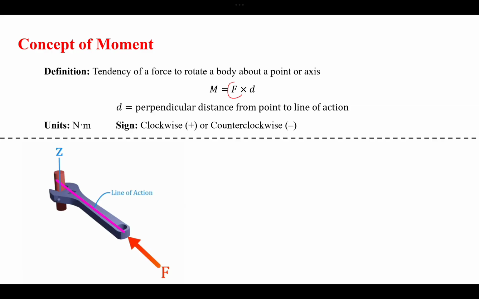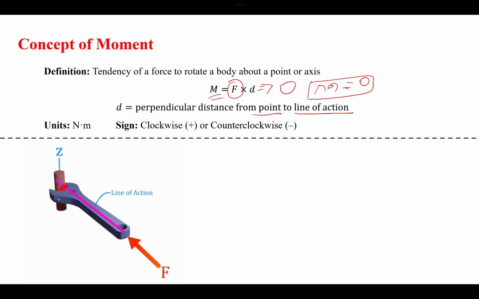We have the force F, but the perpendicular distance is equal to 0. Perpendicular distance is the distance from the point of rotation, which is this one, to the line of action, and the line of action passes exactly through this point, so your d is 0, and that's why you get the moment equal to 0. Alright, this is just one case.